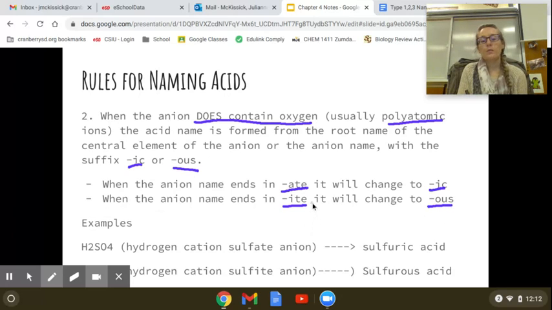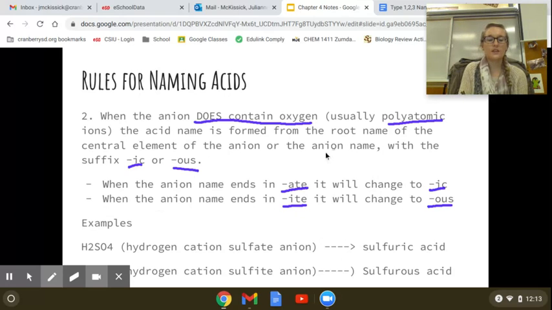One way I remember this is that I ate icky, like ate something icky, and then ite ous, I think of like bronchitis, itis. Those kind of go together. So ate ic, ite ous is how they're going to switch.